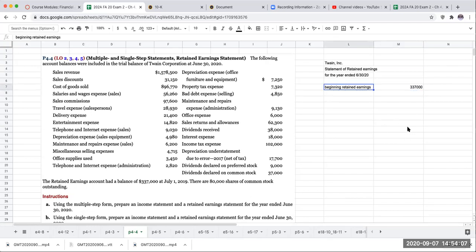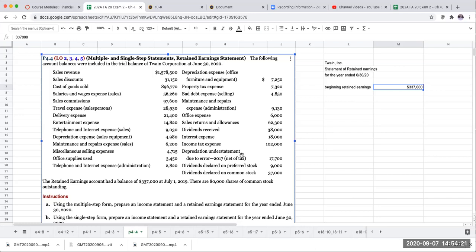Now, when I'm doing my statement of retained earnings, what I first want to do is ask, were there any prior period adjustments or the like? Right over here, it's telling us that my depreciation was understated due to an error by 17,700. What that means is I did not take enough.